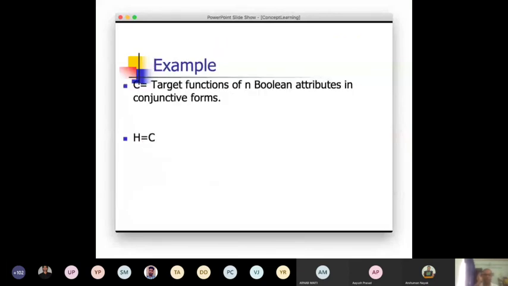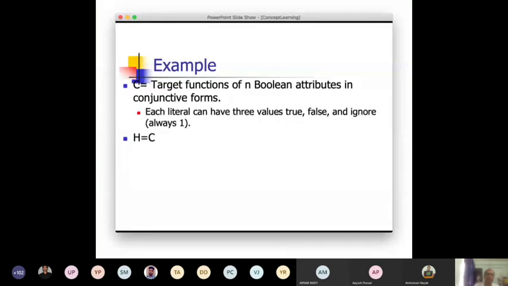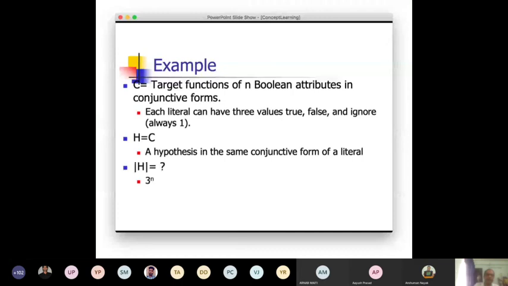One example could be, suppose you have a set of target functions of n Boolean attributes in conjunctive form, and each literal can have 3 values: true, false, and ignore. We have already discussed that the hypotheses in the conjunctive form should number 3 to the power n, actually 3 to the power n plus 1, since one null hypothesis is also there.